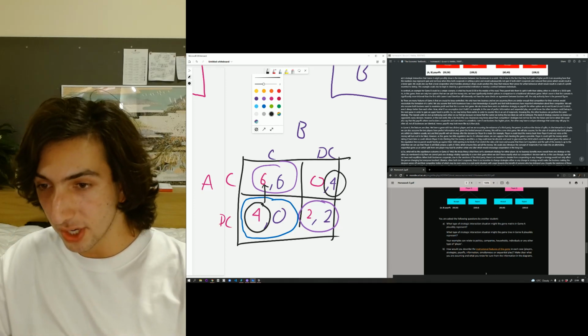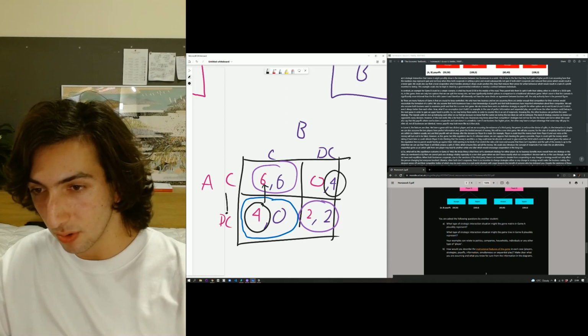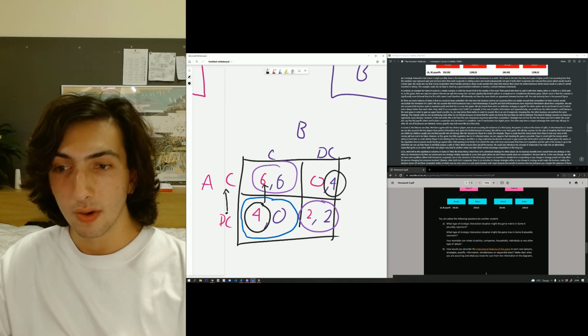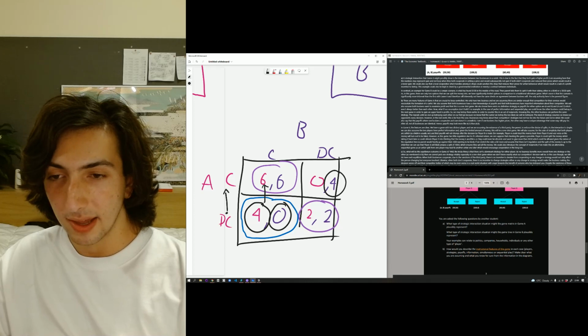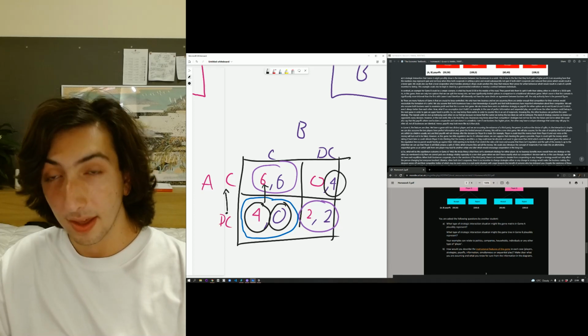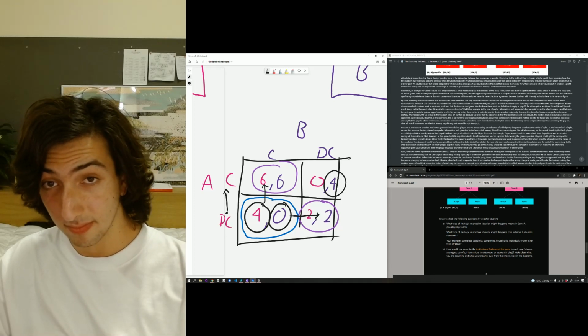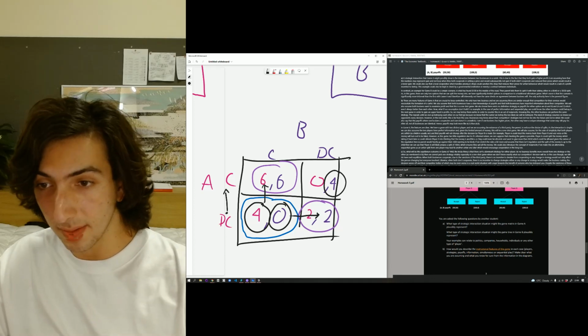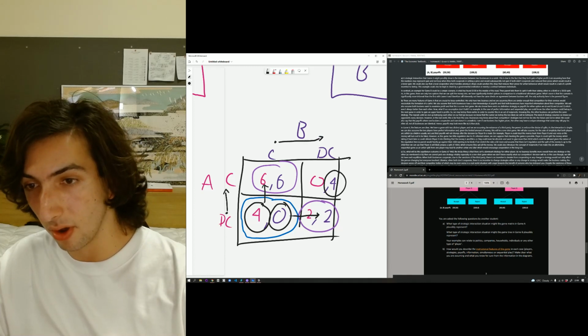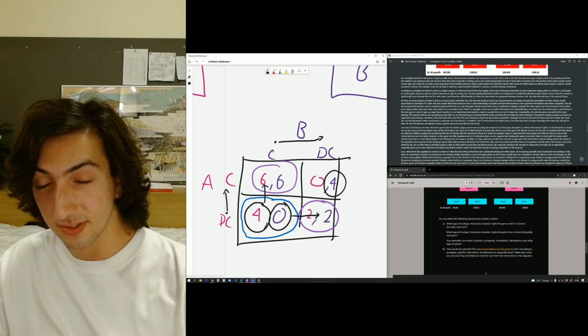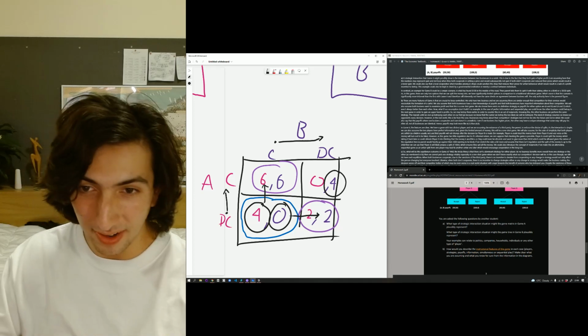So I change from not cooperating to cooperating. Whereas when I'm B here, I see that I'm currently gaining 0. If I don't cooperate, I get 2. So B is going to move from cooperation to not cooperating. This leads us to A cooperating and B not.